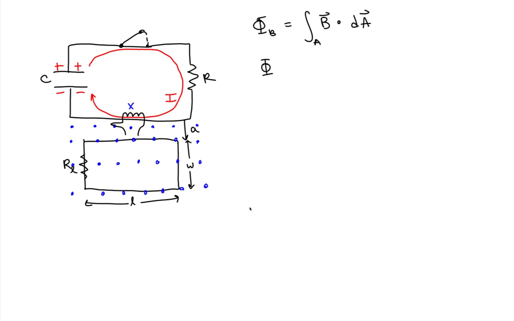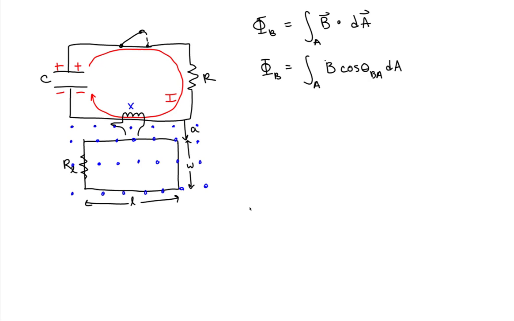Let's rewrite this magnetic flux by using a version of the dot product that says we could write the dot product of the magnetic field and the area differential as equal to the product of the magnitude of the magnetic field, the cosine of the angle between the magnetic field and an area vector, and the magnitude of our area differential.